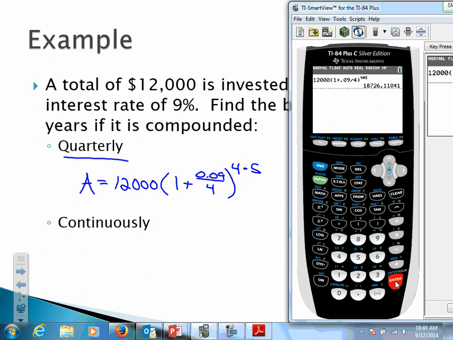What did I type in wrong? Let me see what you did wrong. Oh, you got 1 too many parentheses. You don't want that parenthesis before the 0.09, because otherwise, there we go. If you put that parenthesis in beforehand, it changes the order of things.